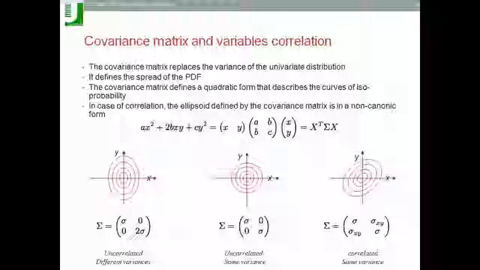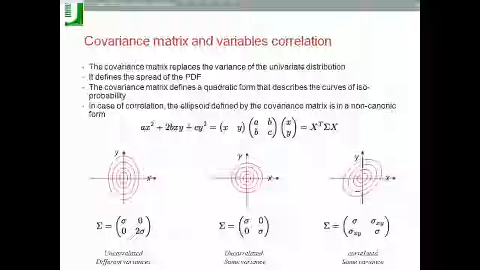If we look at the shape of the covariance matrix and the geometrical arrangement of the ellipsoid defined by the quadratic form generated by the covariance matrix, it gives an imprint of the correlation between the variables.